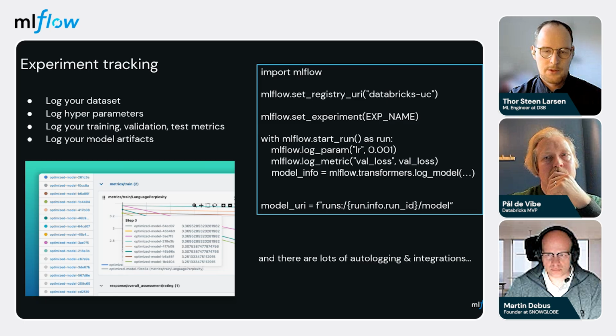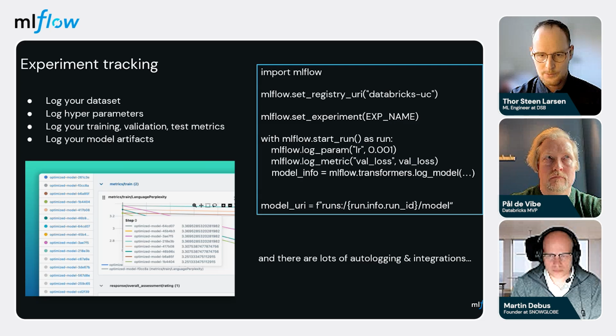In this run, you can also log the dataset you used and a lot more, including auto logging features, so you don't need these manual commands. There's a lot of stuff for GenAI with auto logging, so it can do automatic tracing.